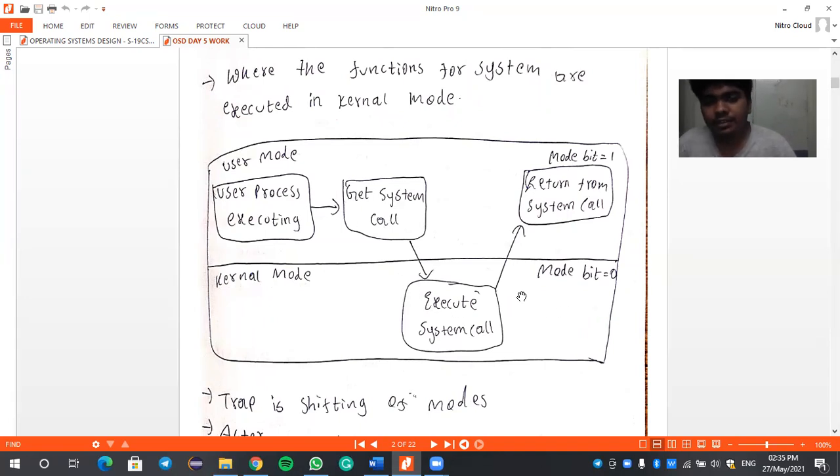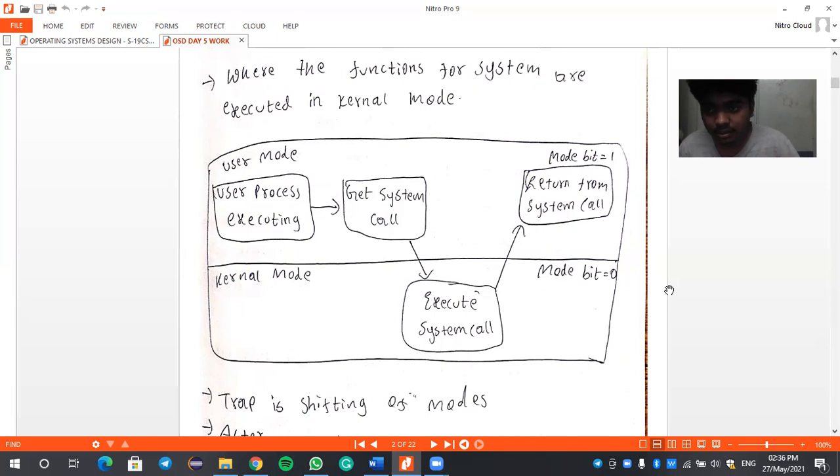While transferring into kernel mode, the kernel tries to execute that application, getting the registers and the information regarding those executable files. If everything is set, it passes an interrupt saying everything is fine. So again the mode bit will change to 1.